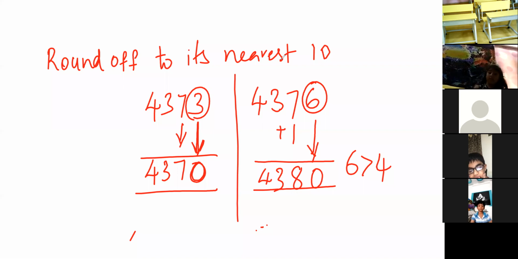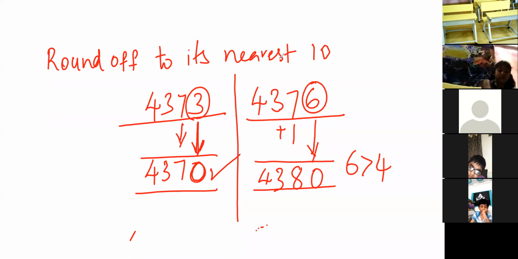So when we round off this number, 4,373 to its nearest 10, what is the answer? 4,370. If this number 4,376 is rounded to its nearest 10, what is the answer? 4,380. Means 76 is closer to 80, not 70.